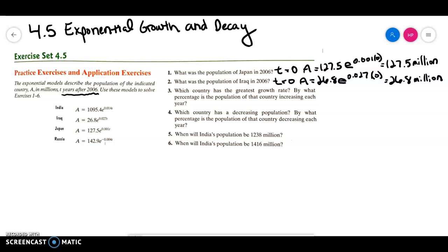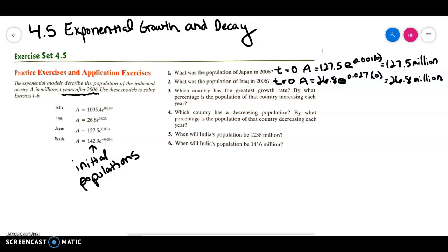So different questions 3 and 4. 3 is asking the greatest growth rate, and 4 wants to know which one's decreasing. So whenever we looked at these initially, and we can see from our answers in 1 and 2, my first value here, just like when we were doing compound interest problems, these are my initial values. So my initial populations, really, circa 2006.